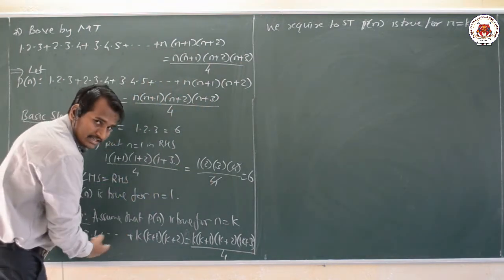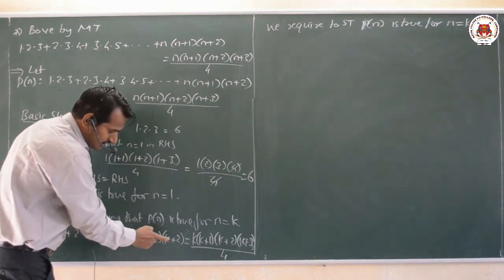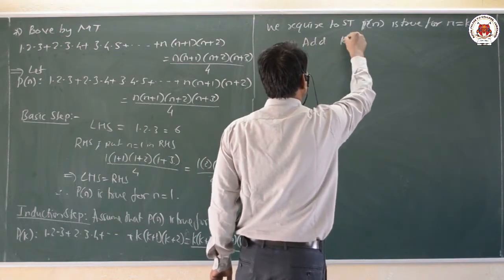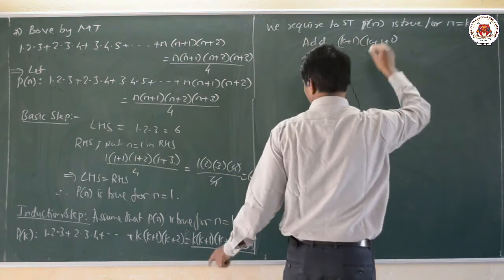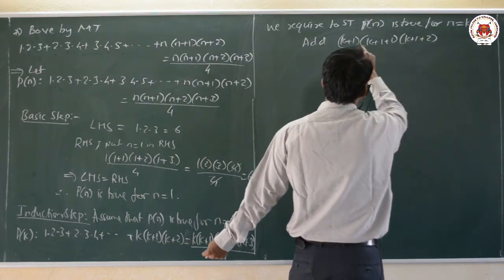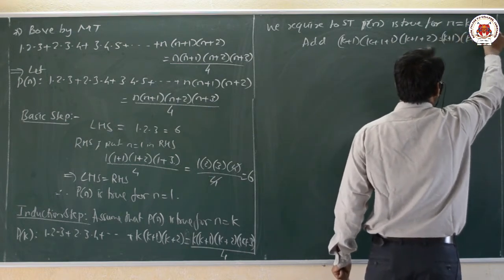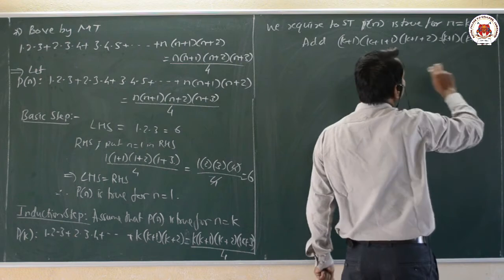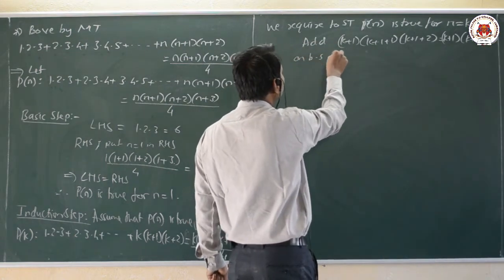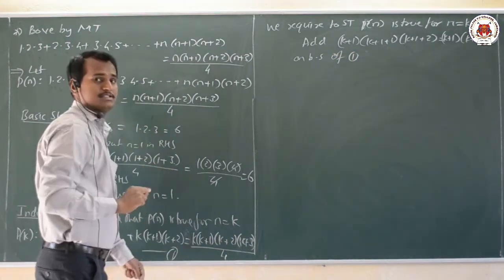Wherever the k term is there, in this LHS part, the last term, in the place of k add k+1. So we add (k+1), then (k+1+1) as the second term, then at last (k+1+2), which is equal to (k+1)(k+2)(k+3), on both sides of 1. And I will take this equation as 1.